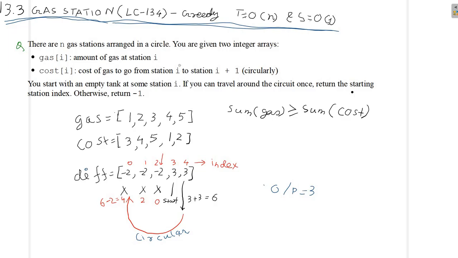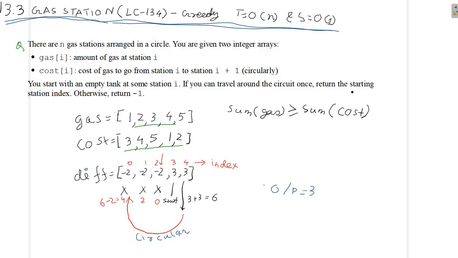Now given this example, the gas stations are defined as 1, 2, 3, 4, 5 as defined here. For each gas station, the cost is measured as 3, 4, 5, 1 and 2. Now in this context, how to solve this problem?